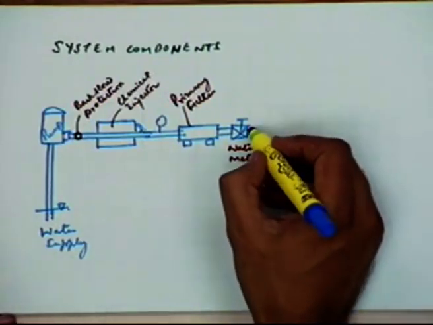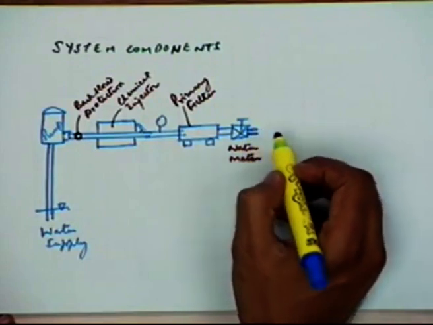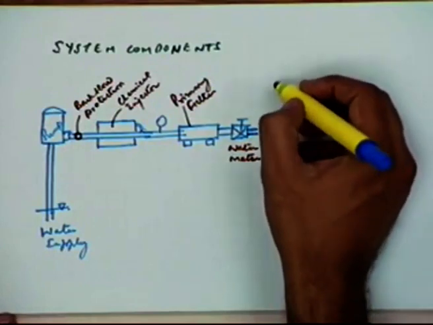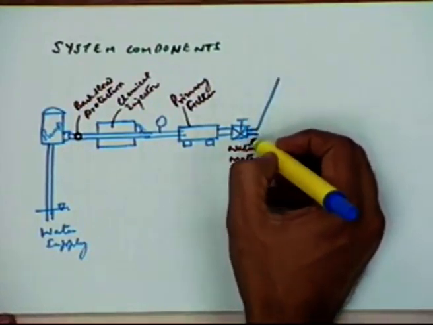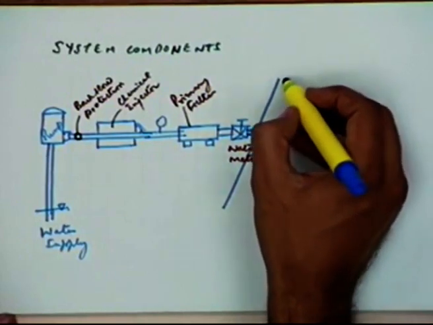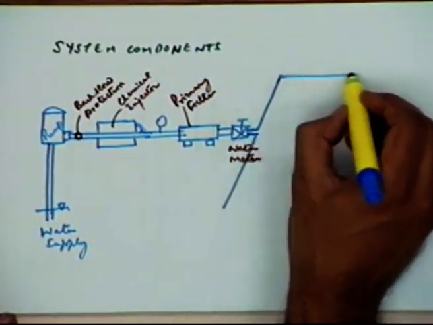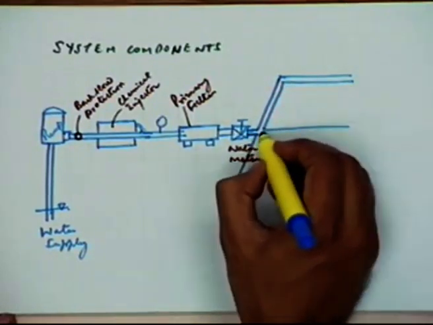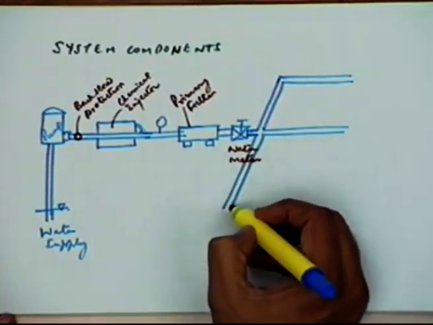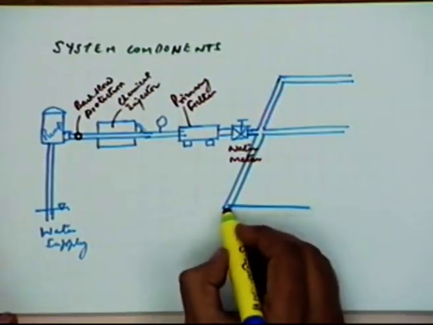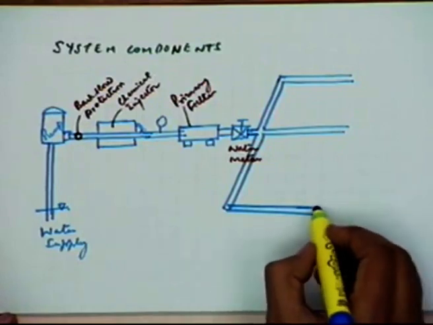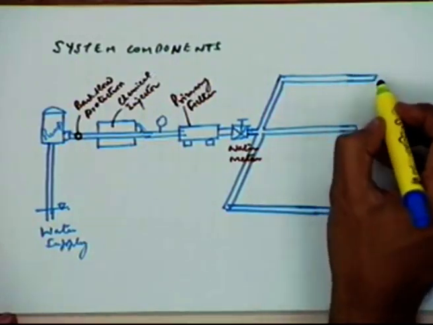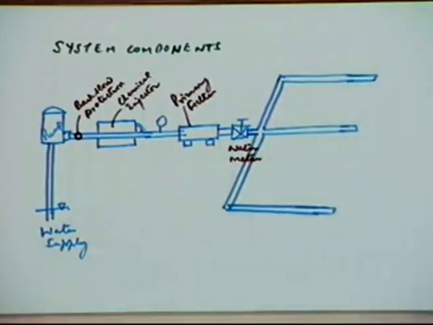And then from here, this is all put on the main line, and on this you might have the submains, which are running, let me say, like this. These are the submains which are put on this main line.